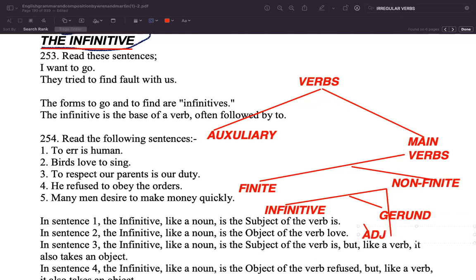So this is just the diagram of the verb section.